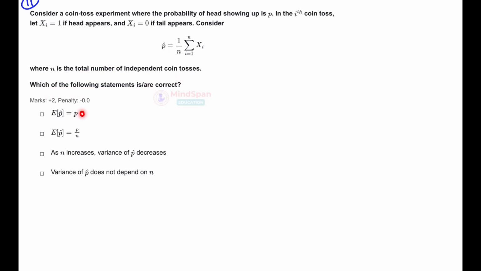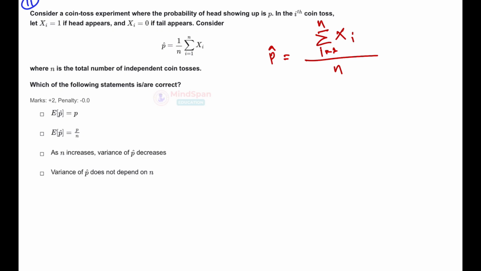So we just have to look at the expected value of this P hat, and also at the variance of this P hat, right? So first of all, let us understand what this P hat is. This P hat is equal to the sum of these random variables from i equals 1 to n, divided by the total number of random variables, right?